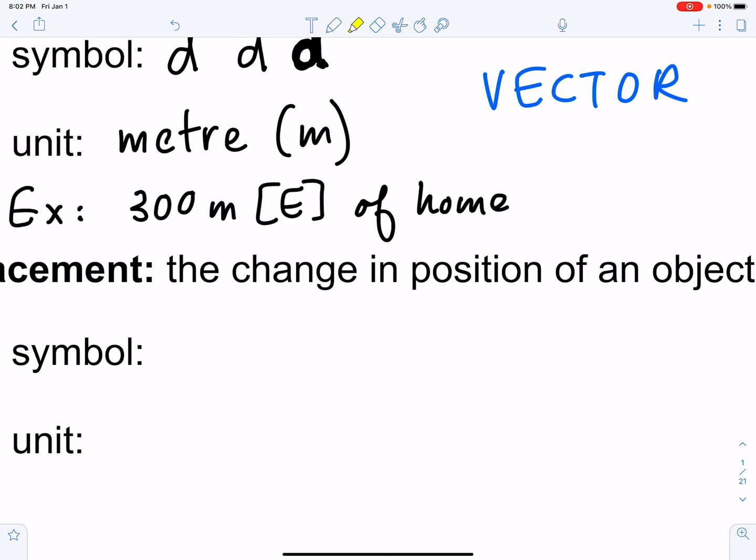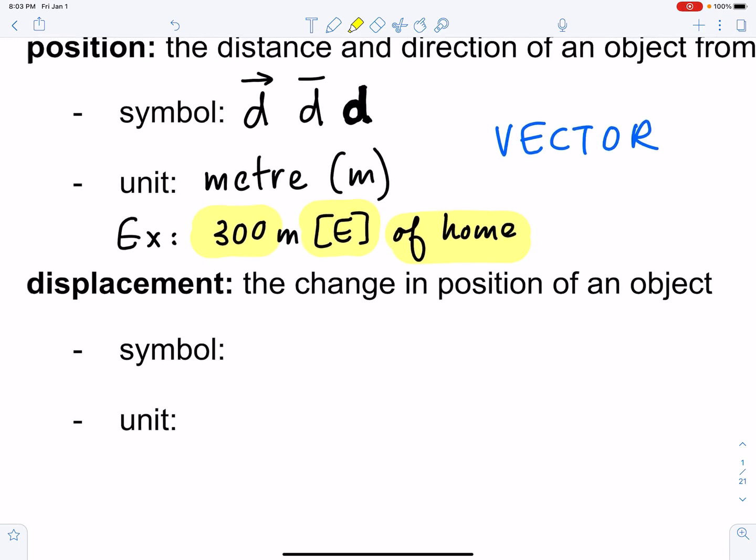We have the magnitude, we have direction, but for position we also have this third part here, which is called a reference point. 300 meters east does not tell us exactly where that person or object can be found. But if we put in a reference point, such as the home that we're starting from, then we know exactly where that person is. We can identify precisely where the position of that person or object is.